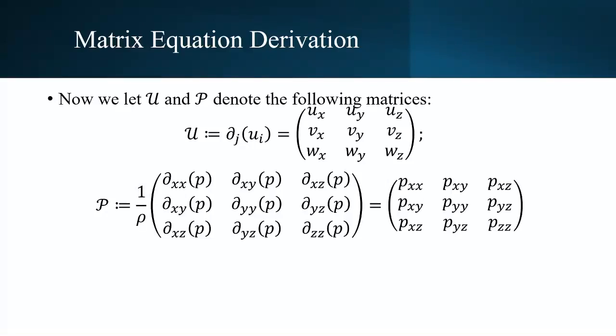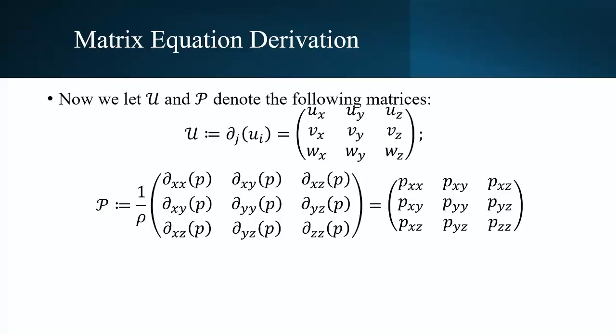And we can also denote this pressure matrix P as 1 over rho, and here are all the second order derivatives for the pressure P. We can write it in this way. Here this P stands for a normalized pressure, which is pressure over density.